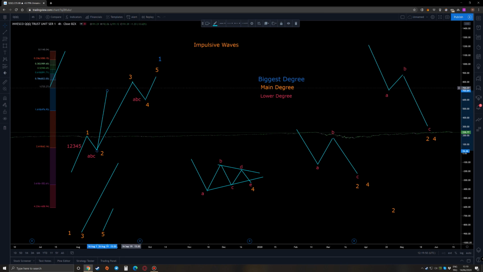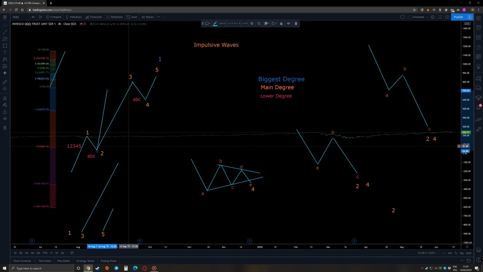Now as you can see, third wave is bigger. So if it was smaller than this, then you could not have an impulsive move. You need minimum 161.8 out of your second largest wave, and you should put it and compare it with your largest wave.